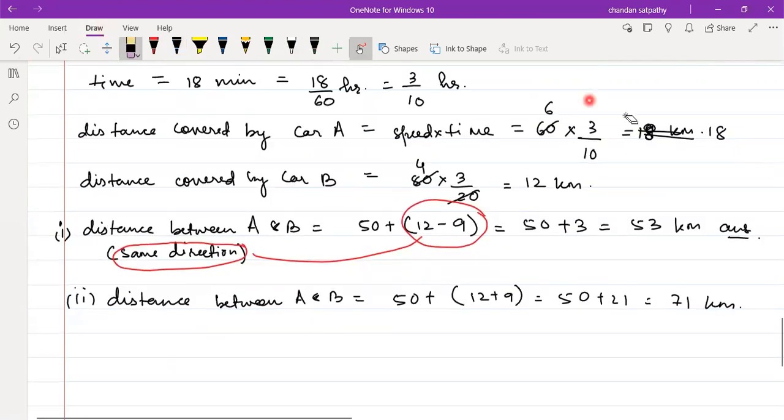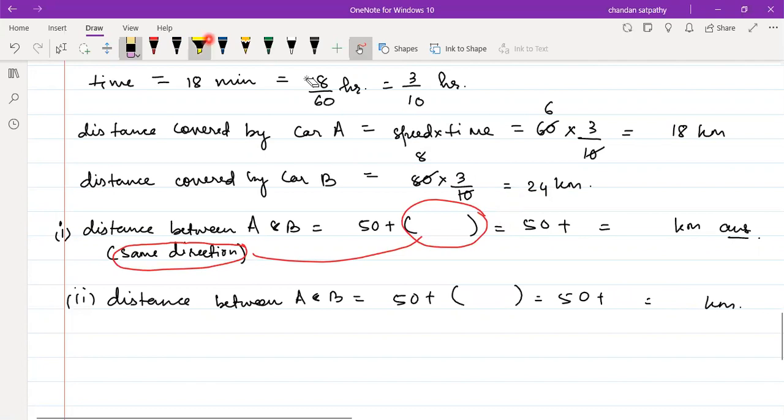And here also it will be 24 kilometers. So now it will be 24 minus 18, which is 6 kilometers.